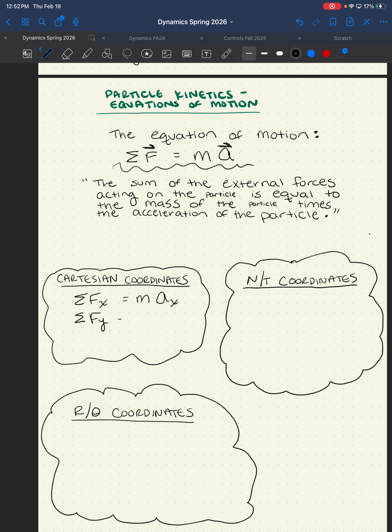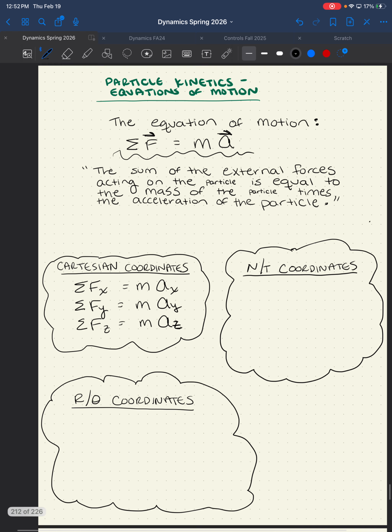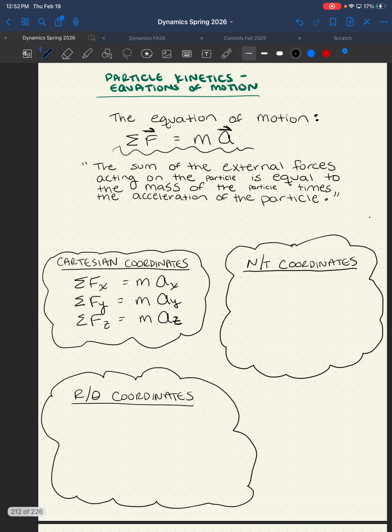Sum of forces in the y is mass times acceleration in the y. Sum of forces in the z equals mass times acceleration in the z. Okay, I just changed from a vector equation into component-wise scalar versions of these equations.